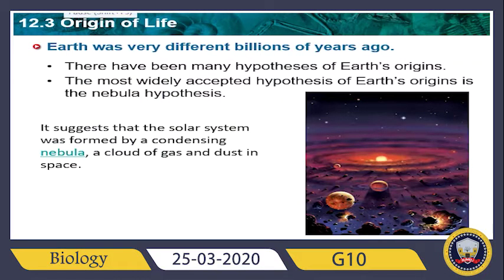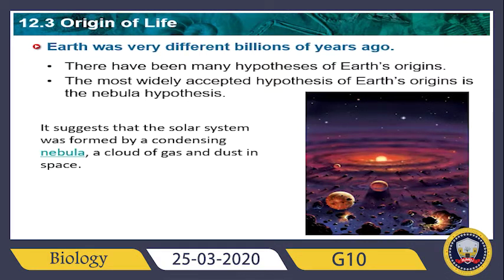So today, the most widely accepted hypothesis of Earth's origins suggests that the solar system was formed by a condensing nebula. A nebula is a cloud of gas and dust in space, as shown in this figure.